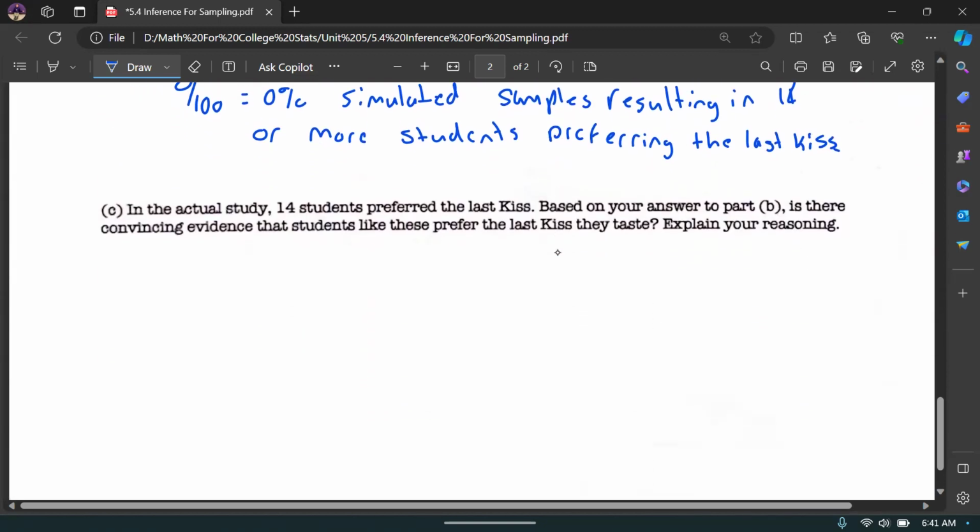In the actual study, 14 students preferred the last kiss. Based on your answer to part B, is there convincing evidence that students like these prefer the last kiss they taste? Absolutely.